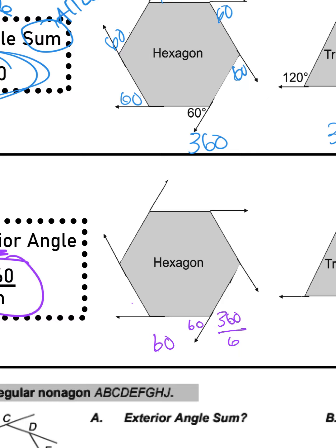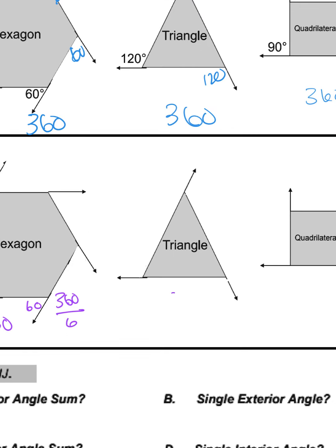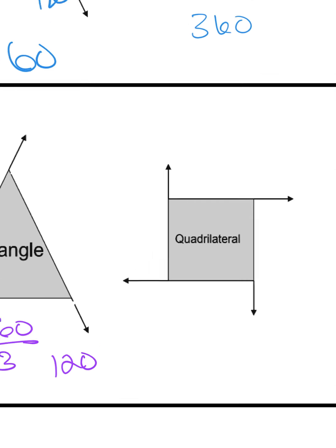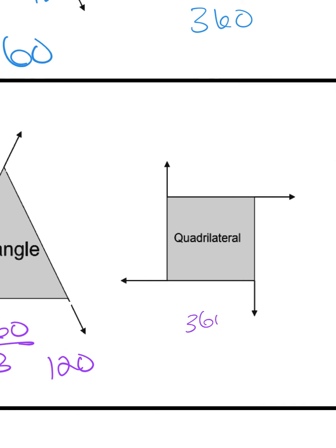So all of the angles are going to be 60. Right here, 360 divided by 3, which is 120. If I look at this one, 360 divided by 4, each angle is 90 degrees. So all of these would be 90 degrees.